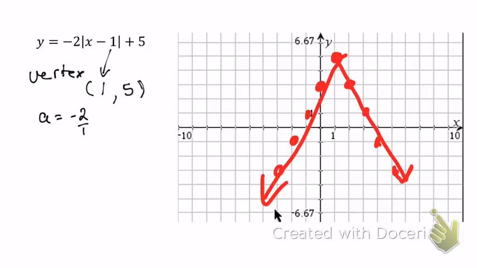Now, we have a couple of transformations here. The first transformation is, well, I see it's going down instead of up, so I know this has been reflected. The second transformation I see here is, well, I've got an a value of 2. That's going to be steeper than original, so this is a stretch of 2.